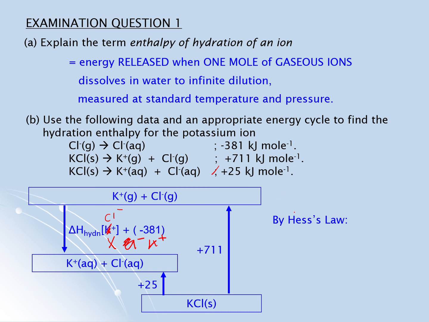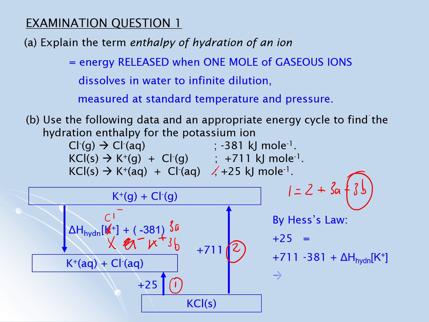So we'll do our Hess's law cycle again, where we're going to do our, if you like, 1, 2, we'll call that 3A, and we'll call that 3B energy. So 1 equals 2 plus 3A plus 3B. So we're missing 3B here, the energy change. So with a simple bit of swapping things around, our answer for that is 305 kilojoules for the potassium. Hopefully you're all able to do that.